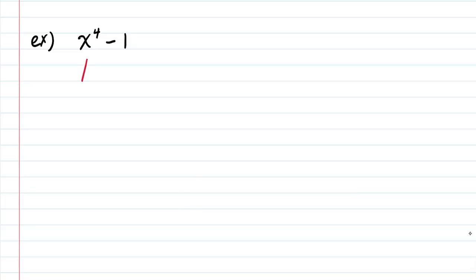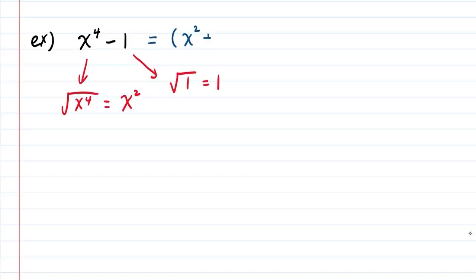So let's try taking the square root of x to the power of 4, which is x squared. And the 1, which is obviously 1. That's simple. So let's rewrite the expression in factored form: x squared plus 1 and x squared minus 1.